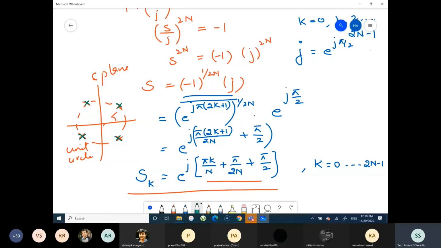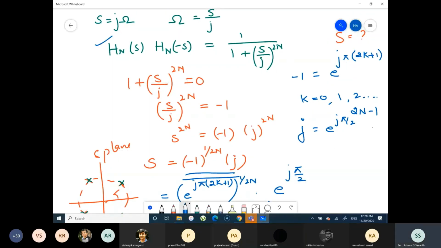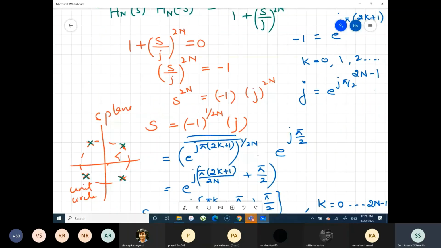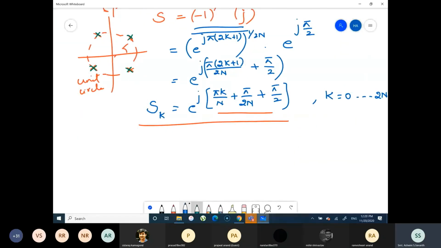So what we have now obtained is the location of the poles for this transfer function. Using the expression of S, it's easier for us to locate the poles. Now we have two transfer functions here, Hn of S and Hn of minus S, a product of two transfer functions.